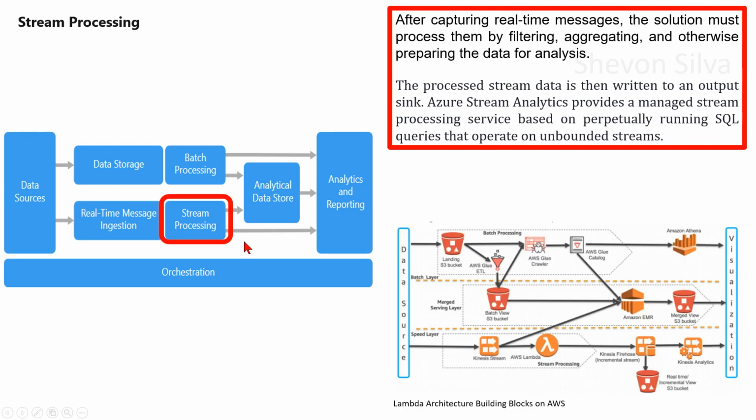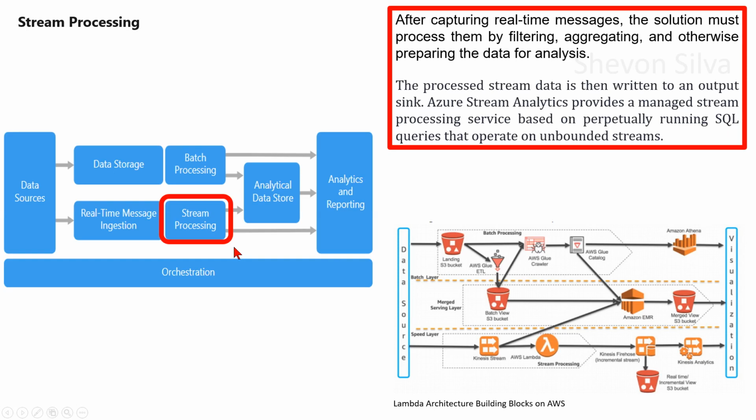Now we are focusing on stream processing. After capturing real-time messages, the solution must process them by filtering, aggregating, and otherwise preparing the data for analysis. The processed stream data is then written to an output sink.